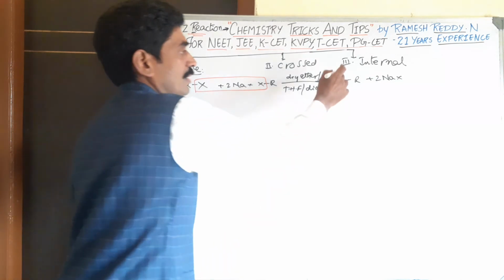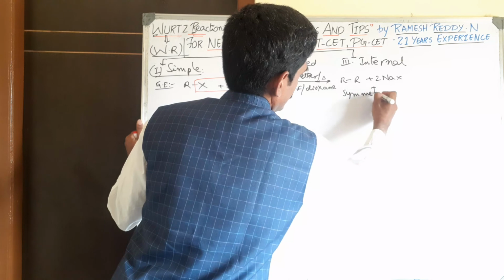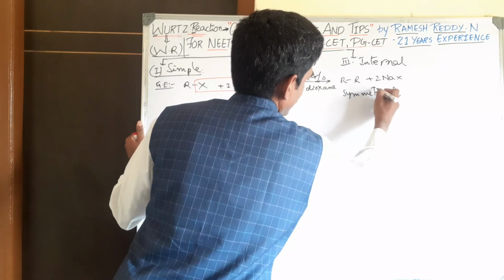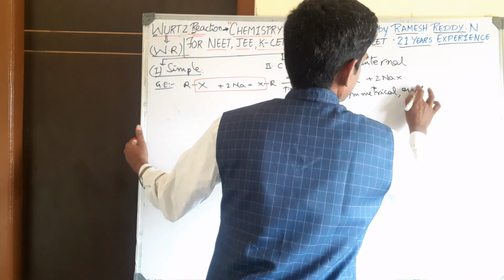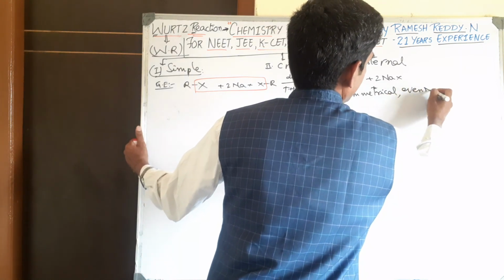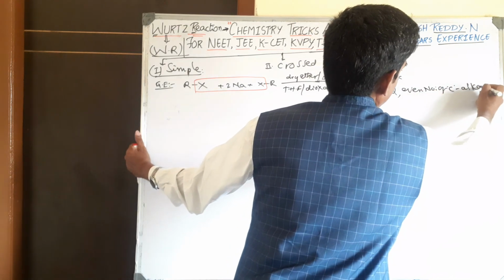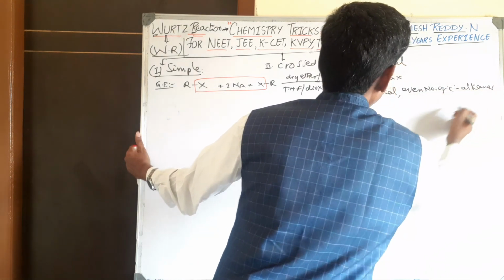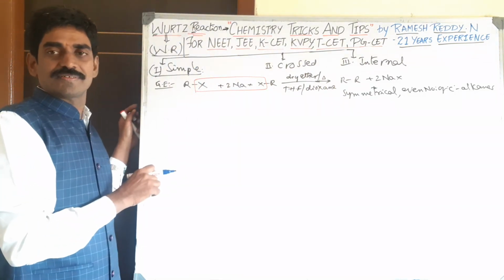So this is called symmetrical alkanes, having an even number of carbons. Even number of carbons containing higher alkanes you will get. Fine. This is the general equation.